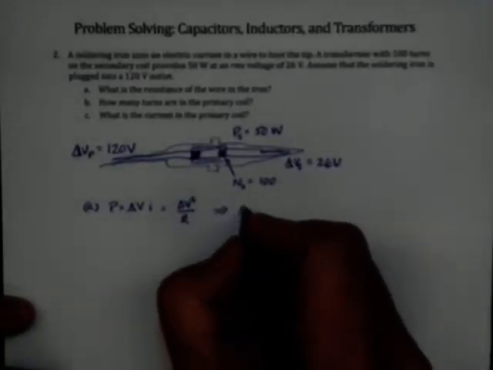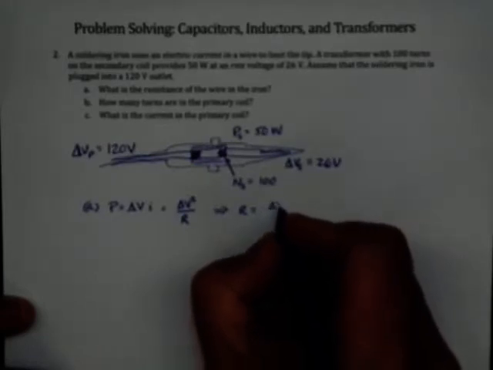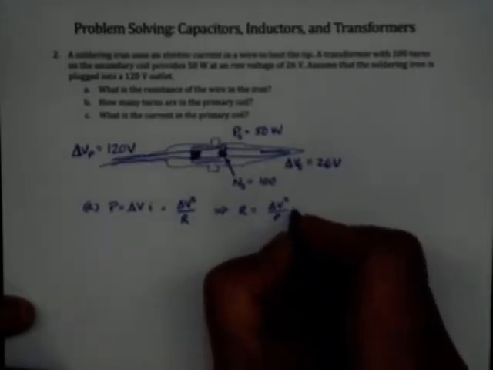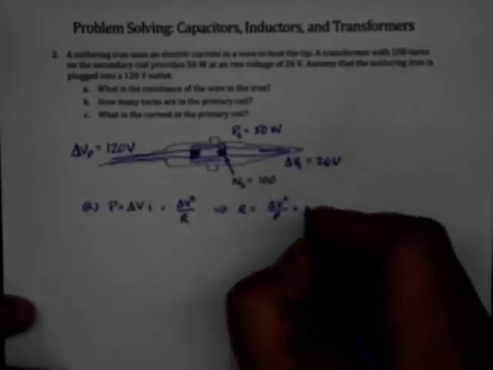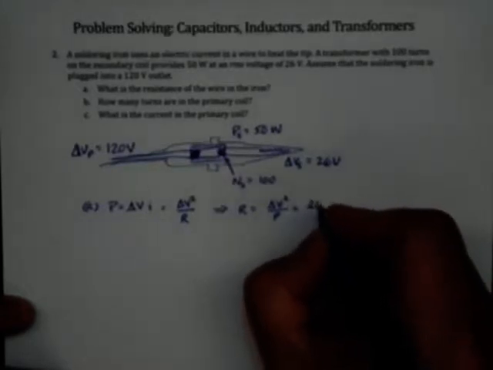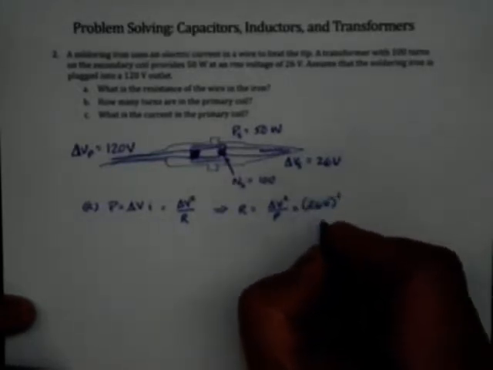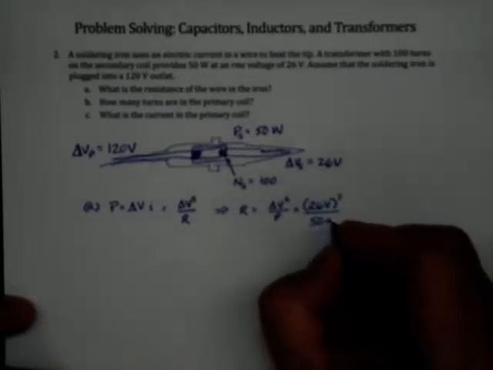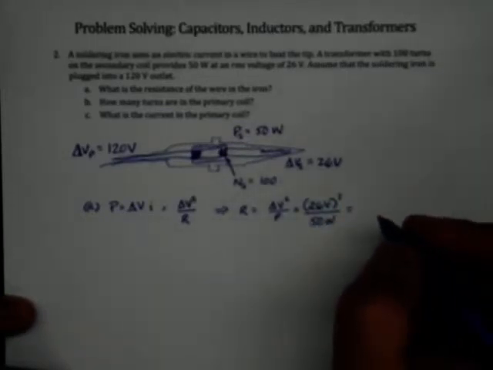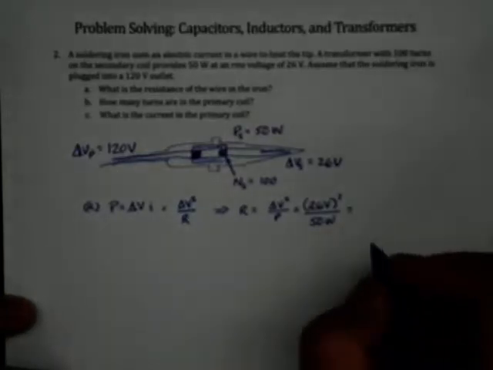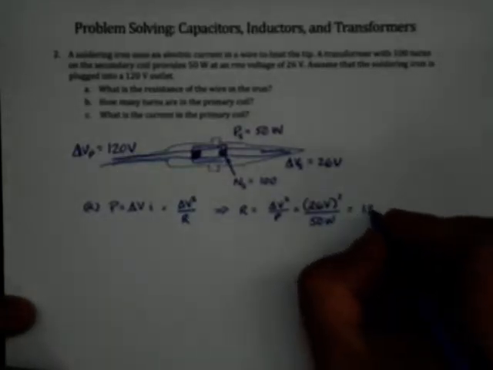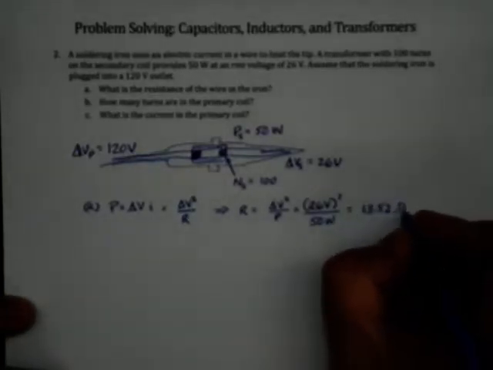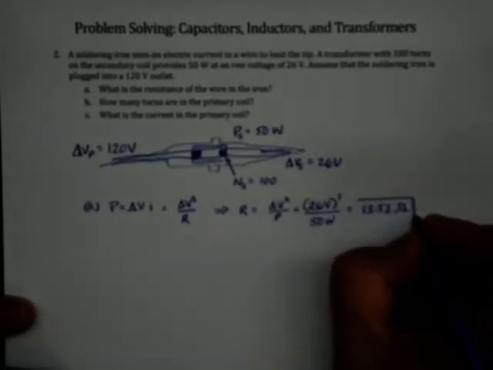And that means the resistance is equal to the potential difference squared divided by the power. I'm looking at my secondary side of this transformer, so 26 volts squared. The power here is 50 watts, and if we calculate that out, we find that the resistance is about 13.5 ohms.